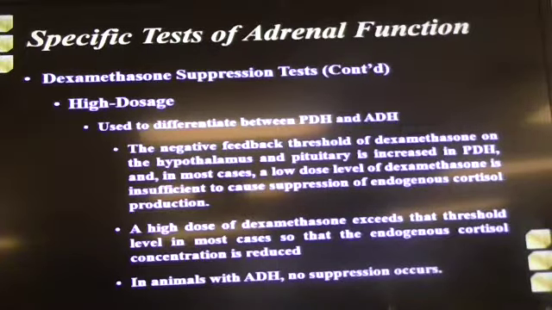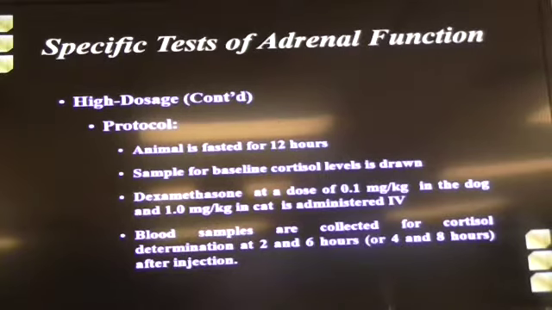No. What if it's a normal tumor up here that does respond somewhat to negative feedback? You should see about a 50% or greater decrease in your baseline cortisol. If you do, that is definitive for a pituitary-dependent hyperadrenal corticism responsive to negative feedback. Now, that works well in the dog, because most of them are.